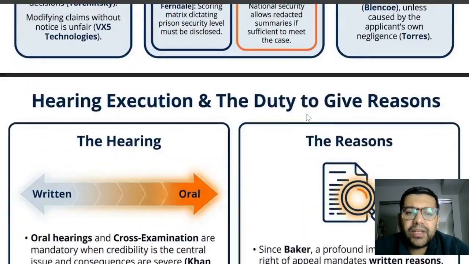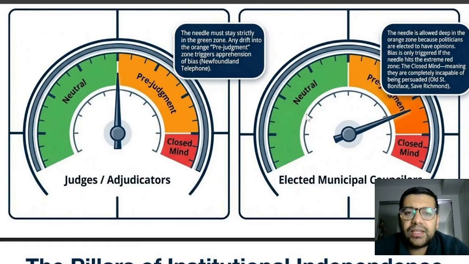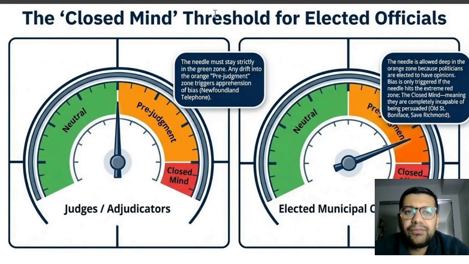Pre-hearing, we can talk. This one is too much in detail. But quickly, elected officials can have their minds made up. They can have opinion and bias towards a particular situation because they are there for their opinions, right?